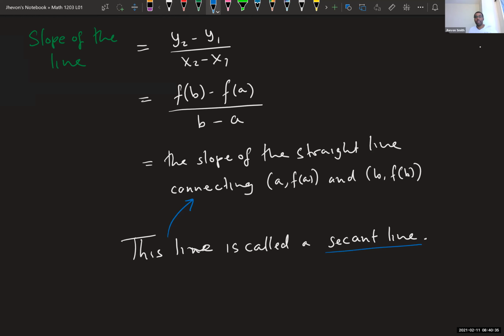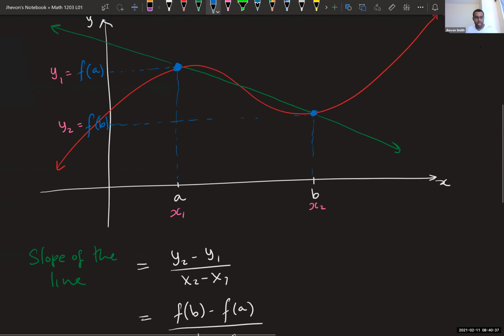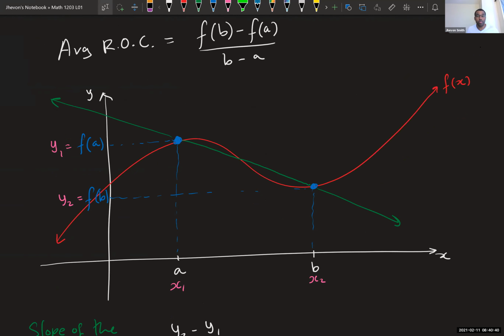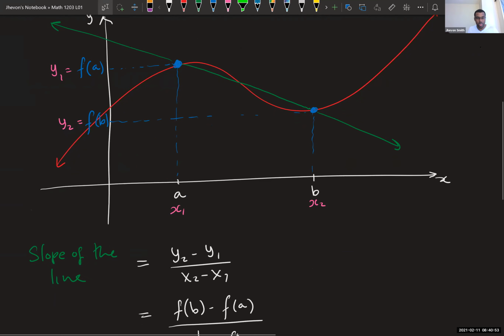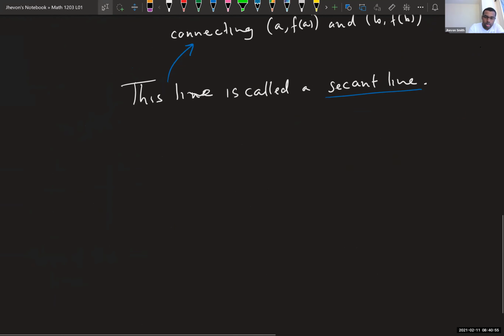It's called a secant line, okay? So the difference quotient is really the slope of a quote unquote secant line. And this is just a line that connects 2 distinct points on some function. We call that a secant line. Now I want you to note that we could change our notation a little bit.